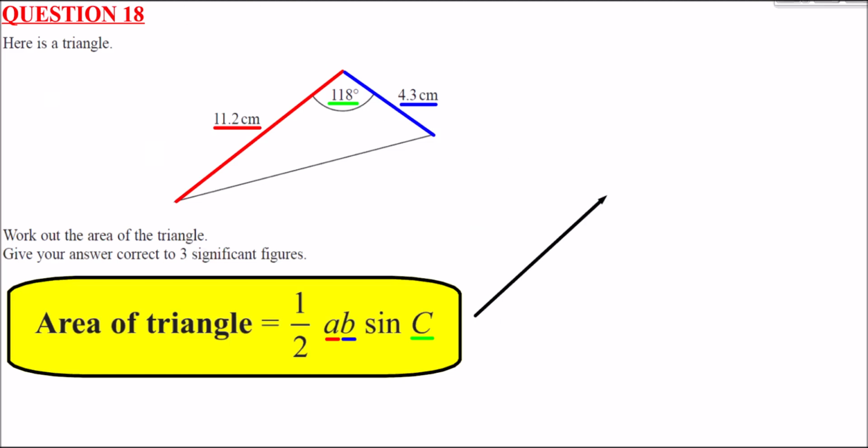So the area is going to be half times our A. I've designated A to be 11.2. It wouldn't matter if I called that B and this one A, as long as they're either side of the angle in question. So half times 11.2 multiplied by 4.3. Then multiply that by sine of 118.